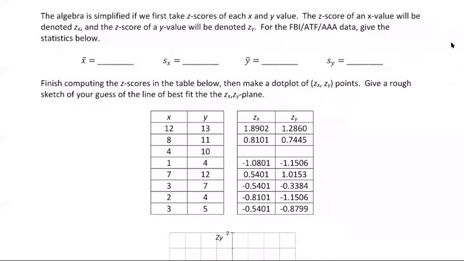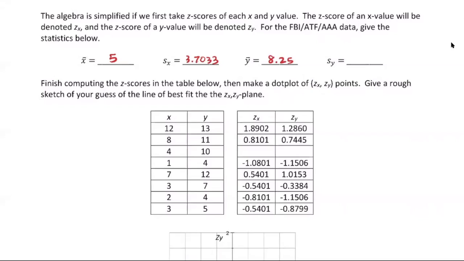So X bar was 5, that's nice. Standard deviation of X was 3.70. I'm going to be precise, 3.7033. Going down the list, Y bar is 8.25.